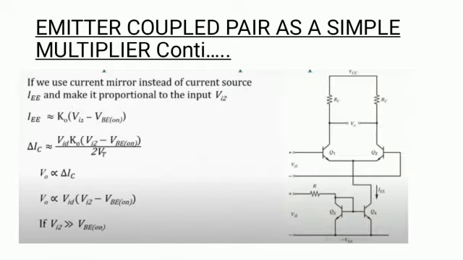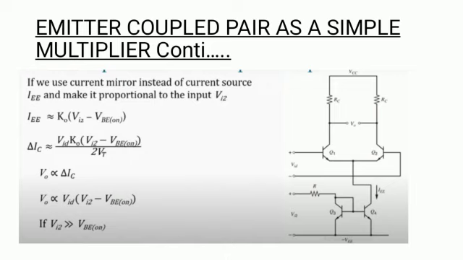If we use a current mirror instead of the current source IEE and make it proportional to the input VI2, here IEE is similar to K0 into VI2 minus VBE on.